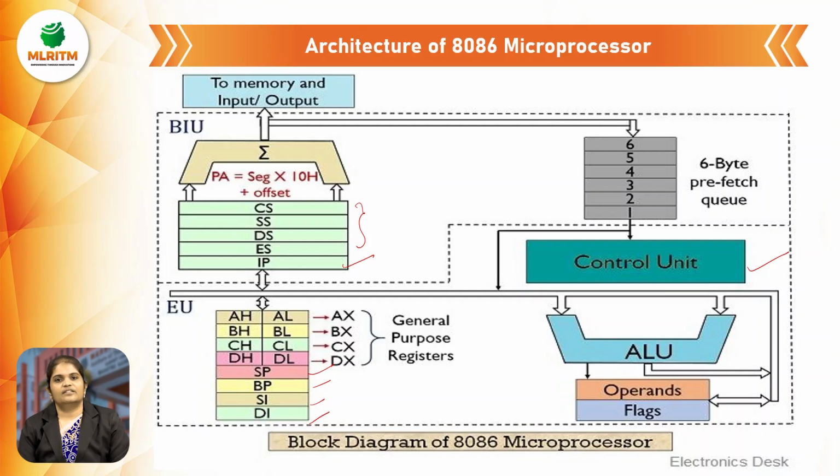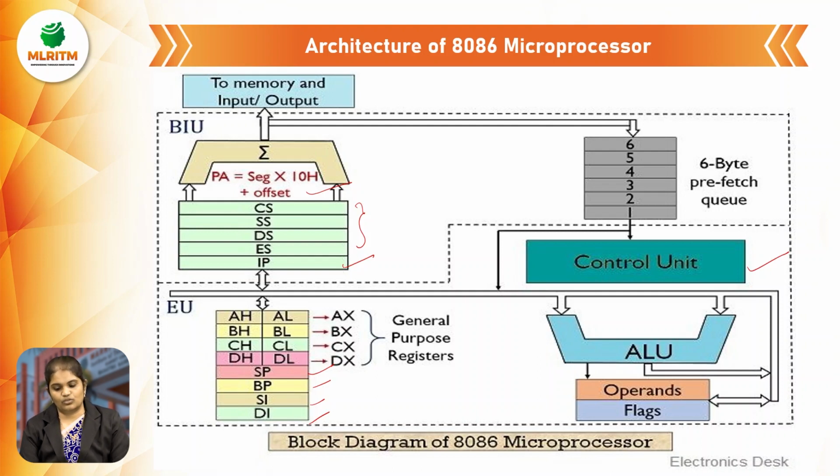To calculate the physical address, we require both. You can see the formula here, which is used for calculating the physical address of any data you want to access and perform operations on. So the physical address is the segment address times 10H, plus the offset address.